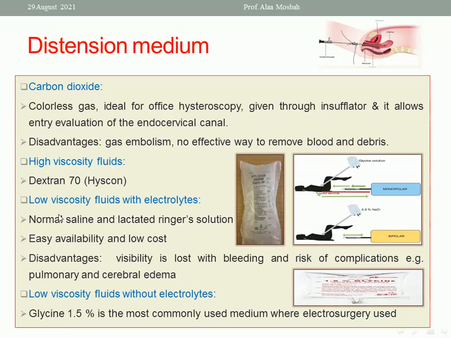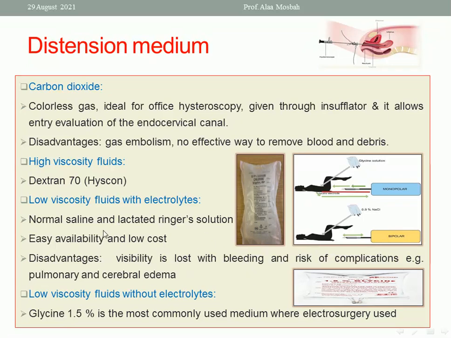What about the high viscosity dextran 70, and the low viscosity fluid with electrolytes like, as I said, lactated ringer and normal saline 0.9%? Easily available, of course, and of low cost, but the disadvantage is that visibility is lost with bleeding and there is risk of complications like pulmonary and cerebral edema.